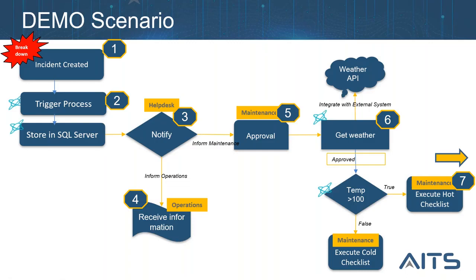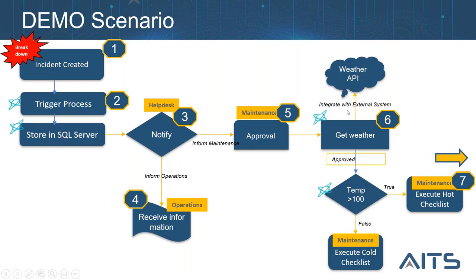For the sake of this scenario, we are using the weather situation. Based on the temperature value, they will be doing a hot checklist or a cold checklist. To get the current weather situation, we are accessing an Open Weather Map API service, a service provider for weather conditions.